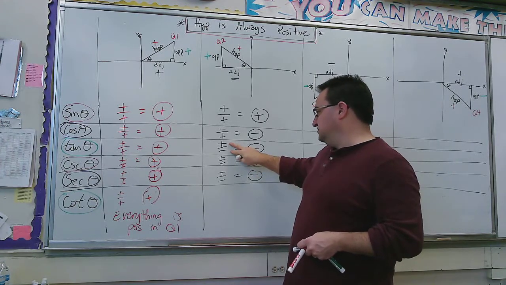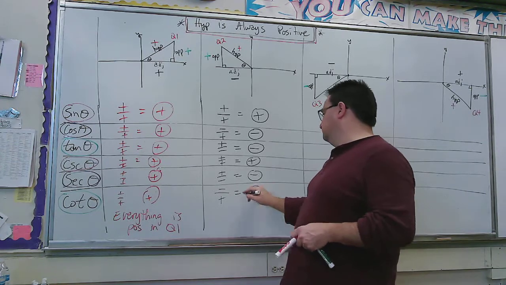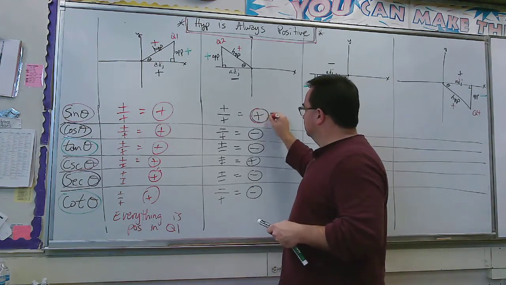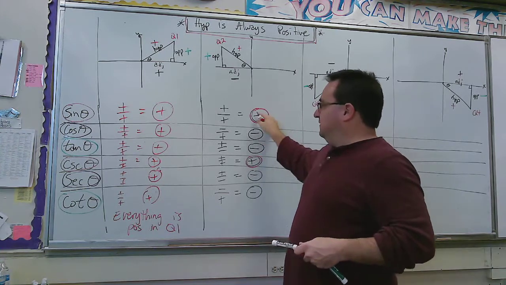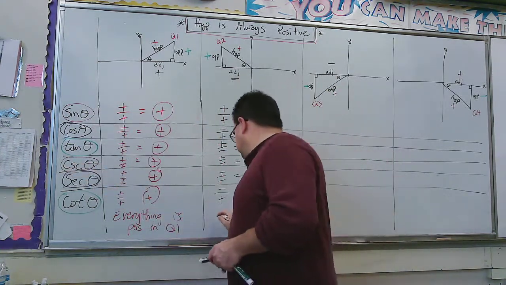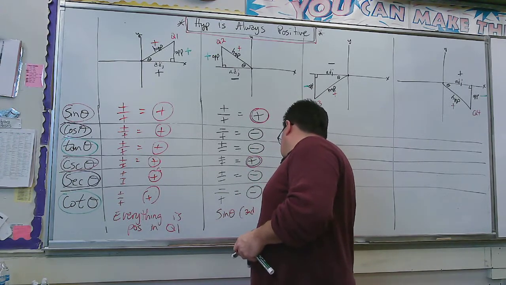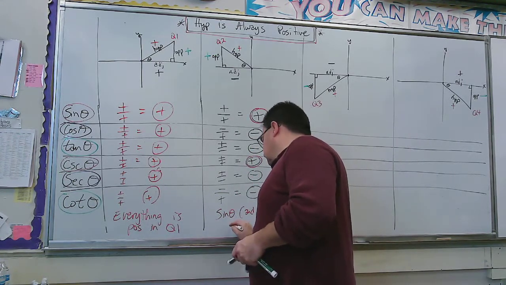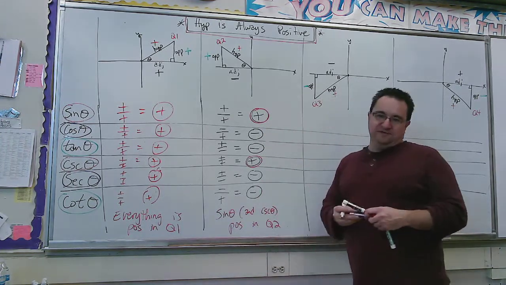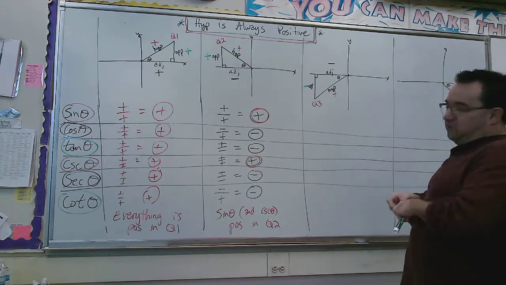And cotangent is the reciprocal of this. So for this one, notice that only sine and its reciprocal is positive in Q2.